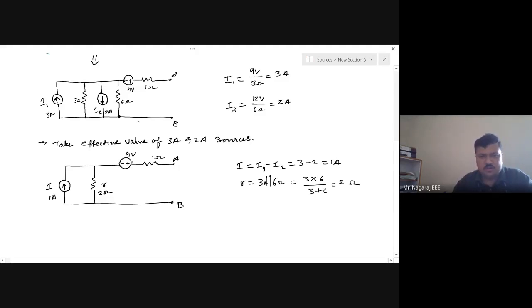So what I will do, I will convert the 1 amp 2 ohm current source into a voltage source. Then the 2 voltage sources will be in series. Then I will take the effective value of these 2 voltage sources in series, then convert that into a current source. Can we do that? Yes, sir. Because if I now convert this into current source, I cannot take the effective value of 2 current sources coming in series.